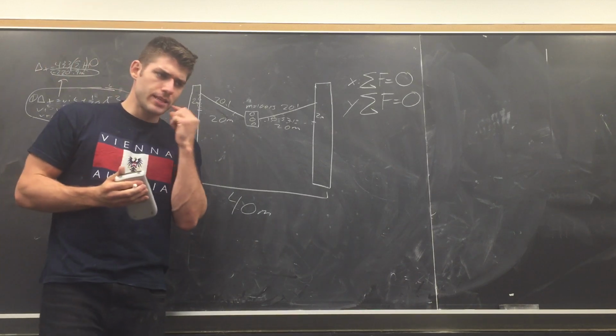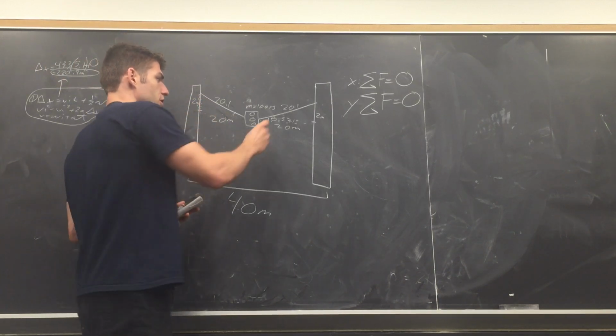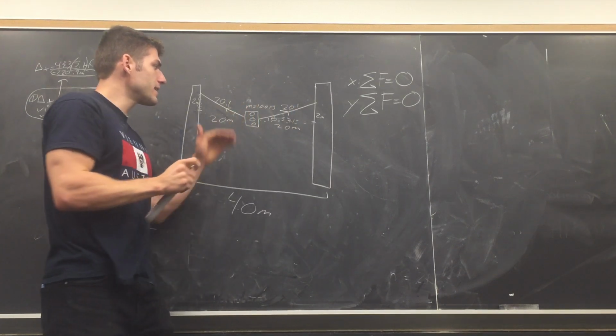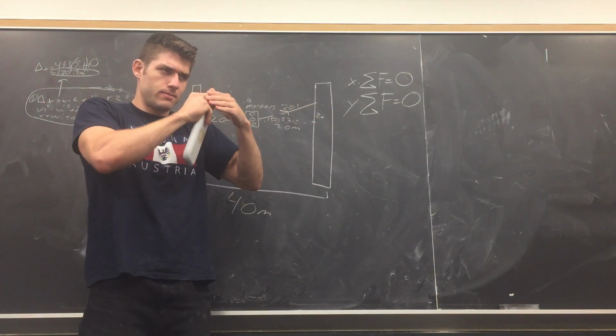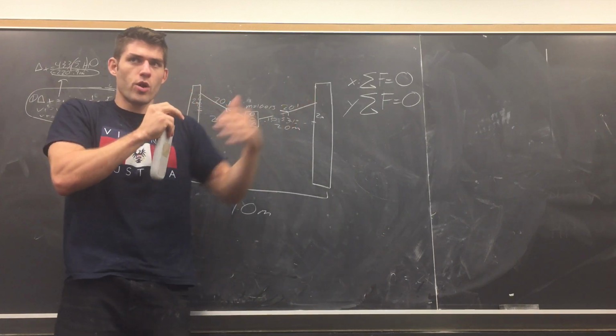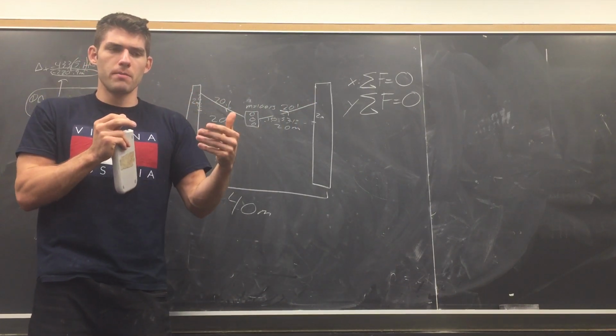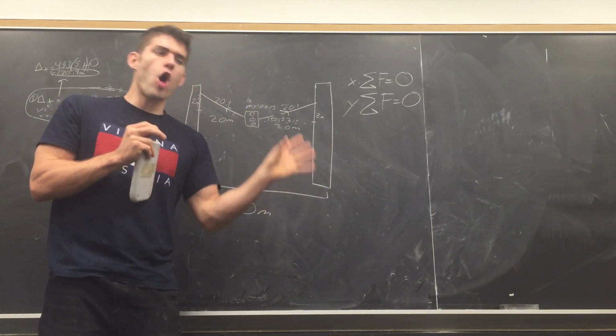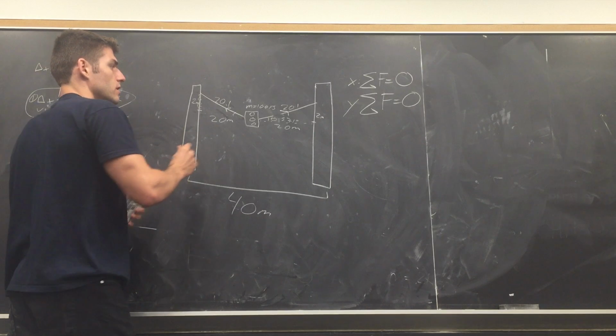So the idea is the force, the tension of the rope, is acting in the same direction as the displacement and direction of the rope. So in a lot of these problems, the same angles that apply for the displacement also apply for the forces.